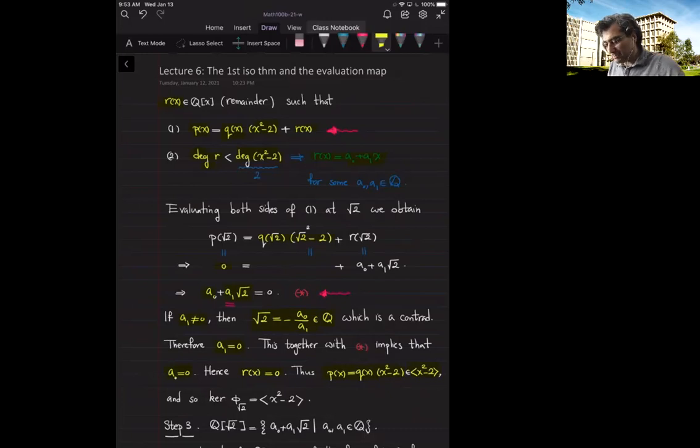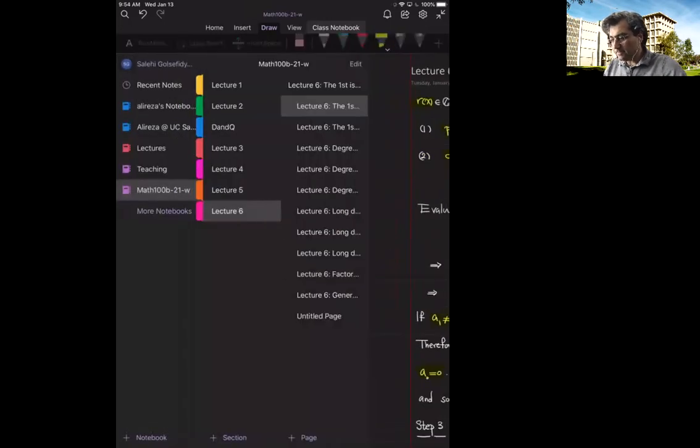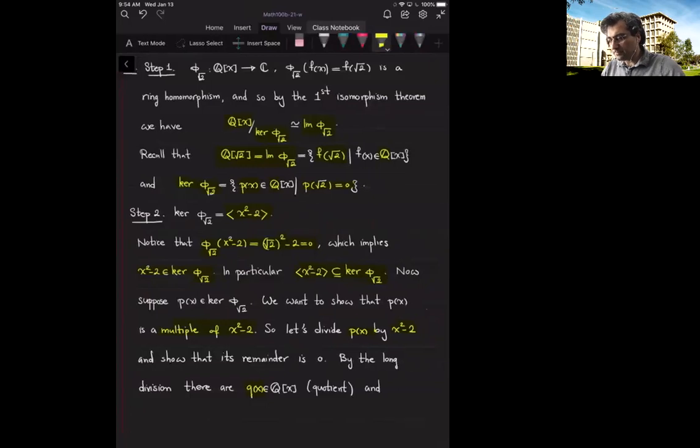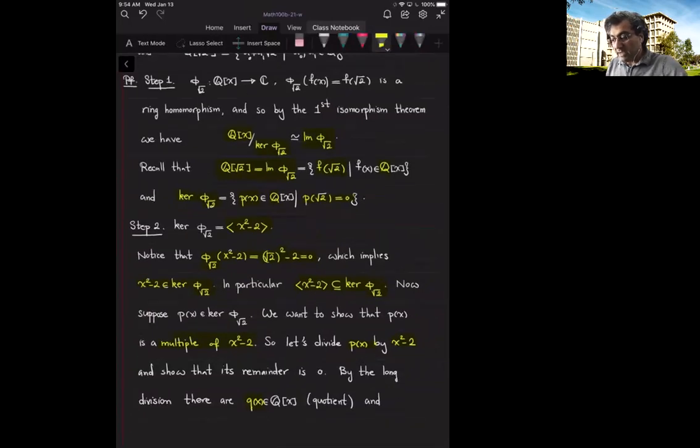Therefore, the kernel is precisely this principal ideal. Okay, so far so good. By step 1 and the first isomorphism theorem, Q[x] modulo the kernel, which is precisely the principal ideal generated by x squared minus 2, is isomorphic to Q[root 2].